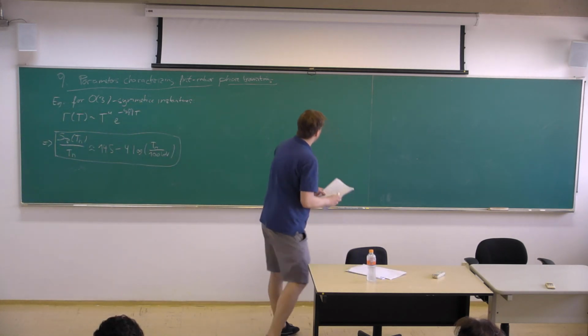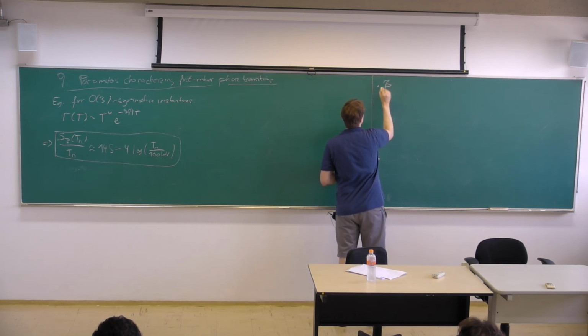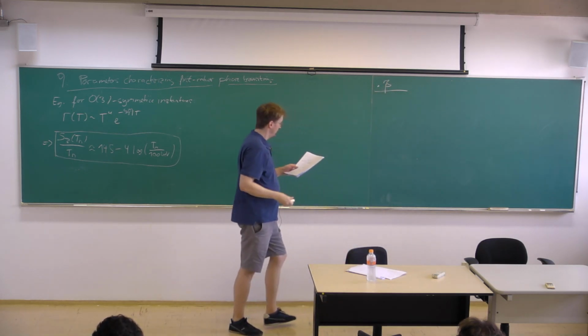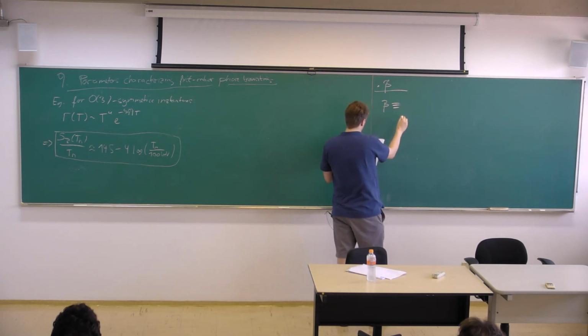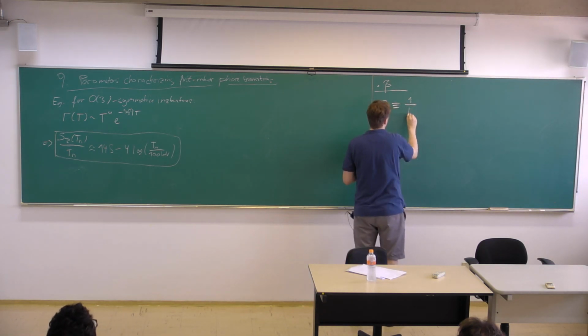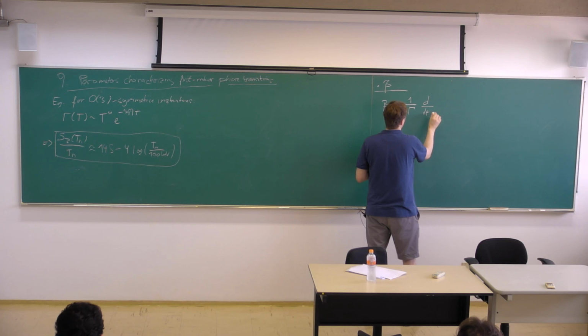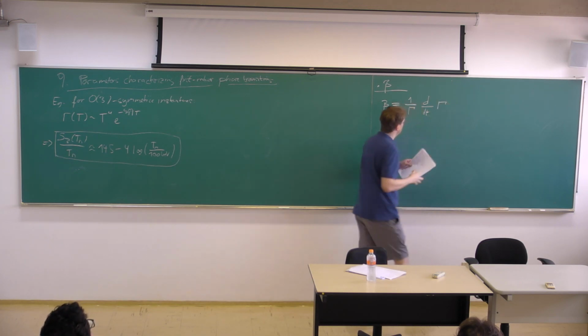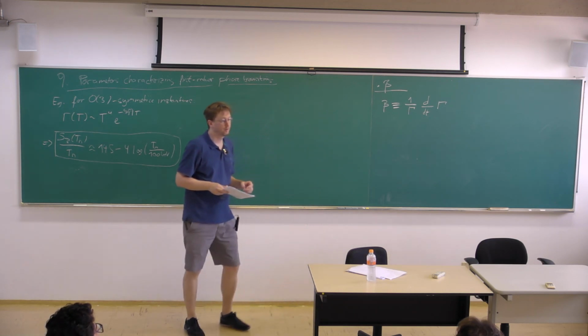Okay, so the next parameter that I will define is called beta. Beta can be defined as the time derivative of the log of the decay rate, or the time derivative of the decay rate divided by the decay rate. That's a terrible name, no? Because beta is 1 over t.